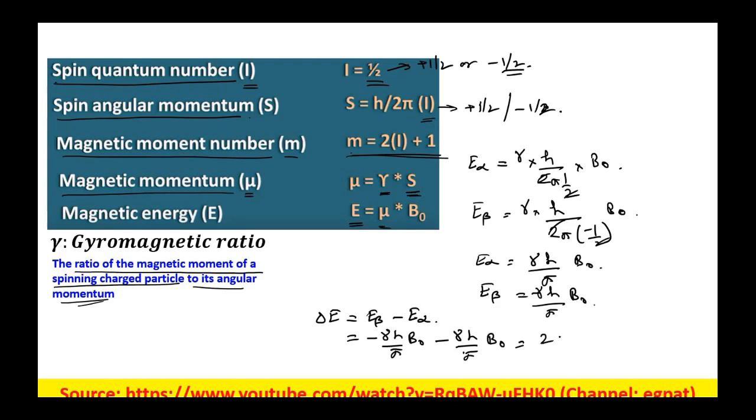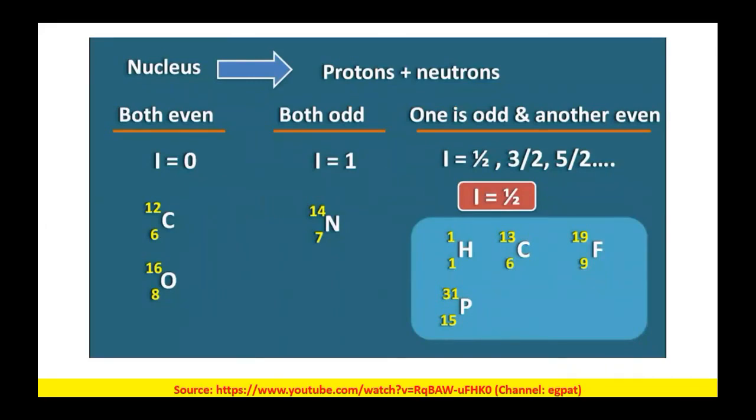So it equals minus 2 gamma h by pi B naught. Okay, so this is your delta energy between the two energy states. Now, as I told you, the nucleus will have protons and neutrons.